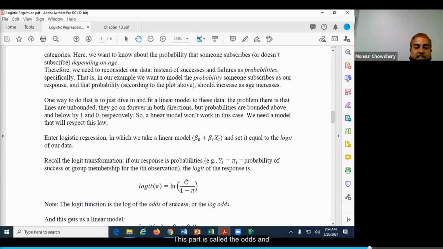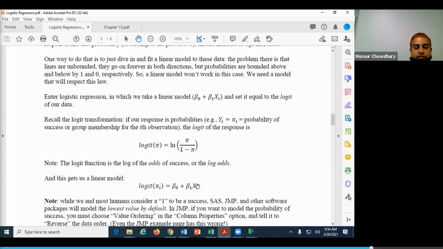The ratio is called the odds, and the whole thing is called the log odds of success. We transform the response into the logit form, and then we fit the models using it.